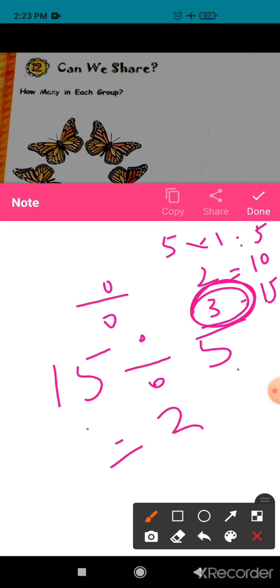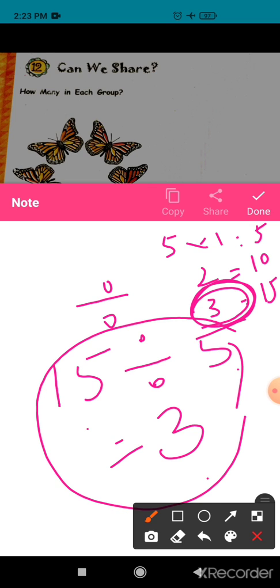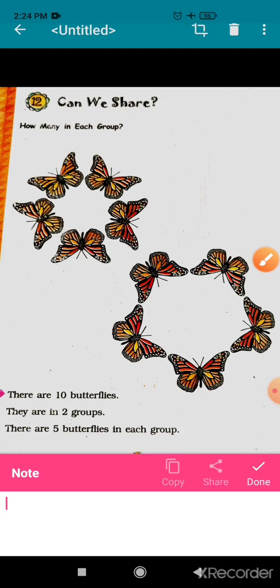It means 3 will be your answer. So in this chapter, we will learn about division and how we can get the answer by reading the table. Okay? So, let us start.